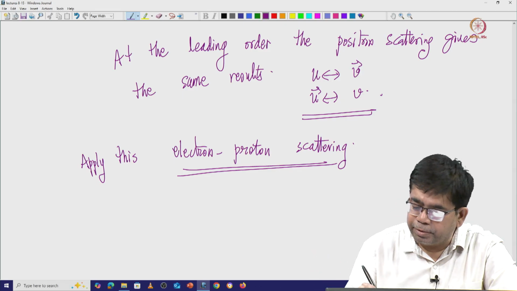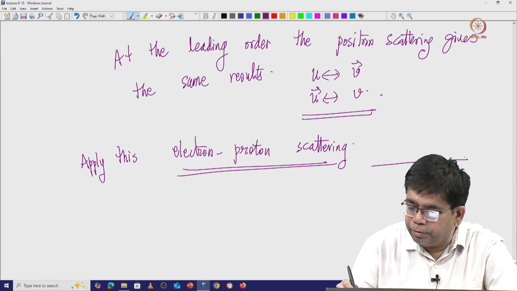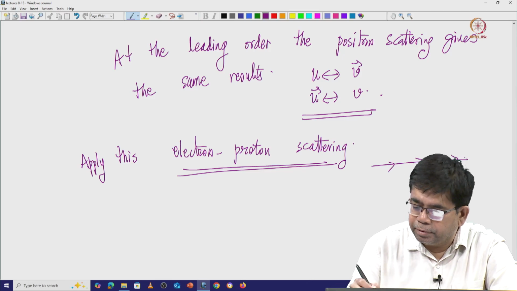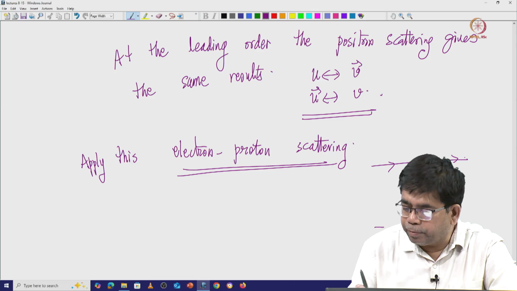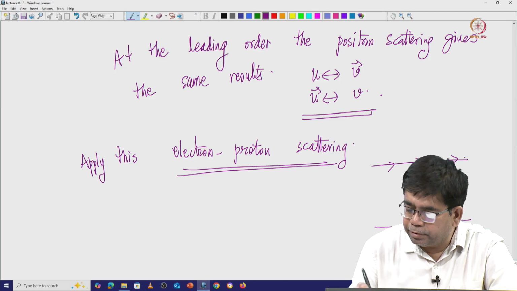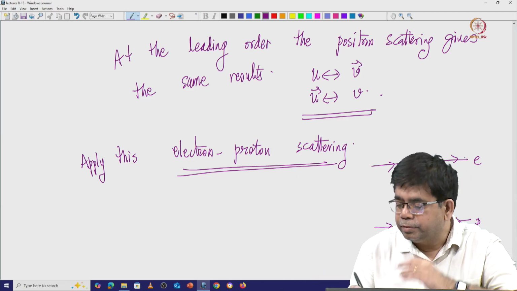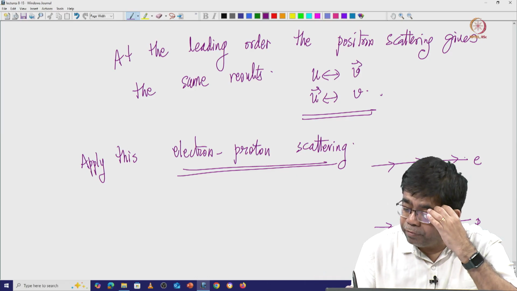Essentially the electron comes and goes, and then the proton comes and goes, and they exchange a photon. The time is in this direction, like we always put it.